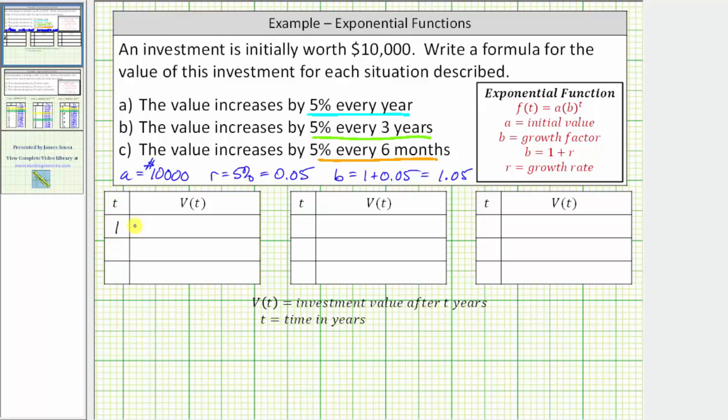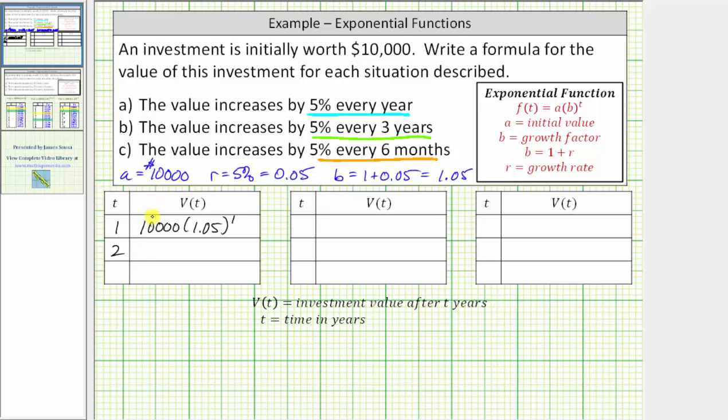which means after 1 year, or when t is equal to 1, the value will increase by 5%, which means the value is equal to 10,000 times 1.05. By multiplying by 1.05, this will give us the value after one 5% growth. So we can also express this as 10,000 times 1.05 raised to the first.